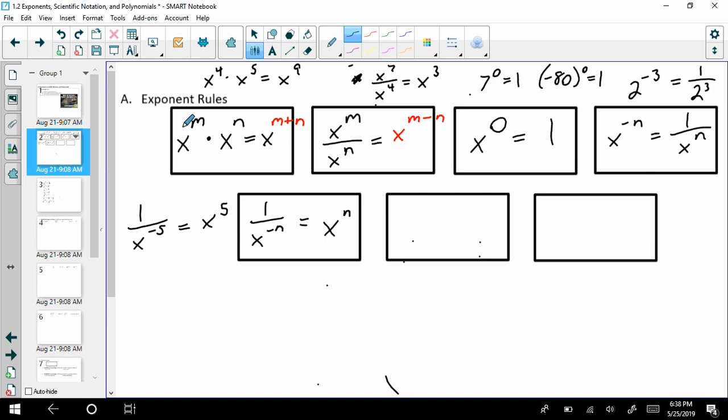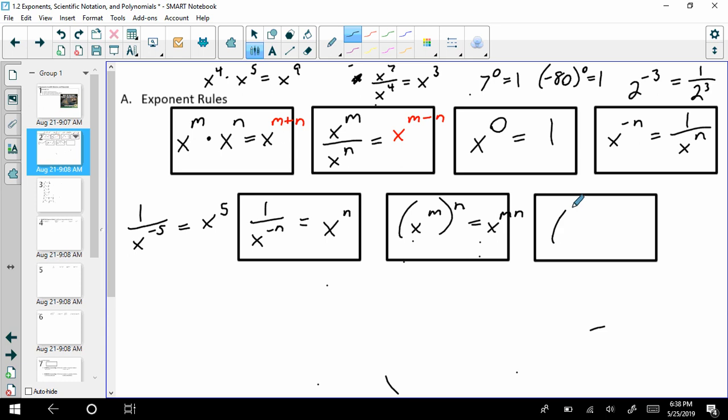A couple of rules left. If I had x raised to some power, and then there was another power outside, they multiply together, so it would be m times n.